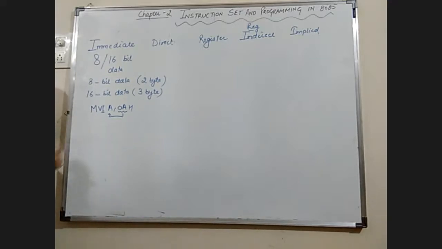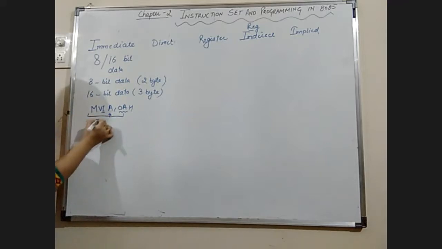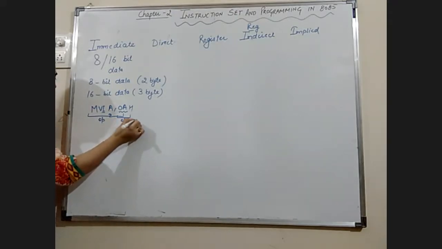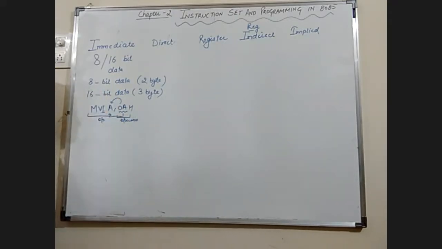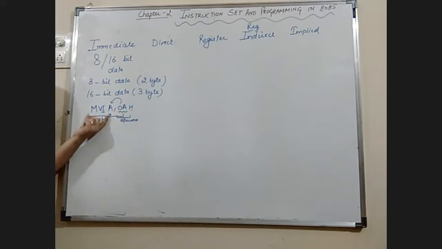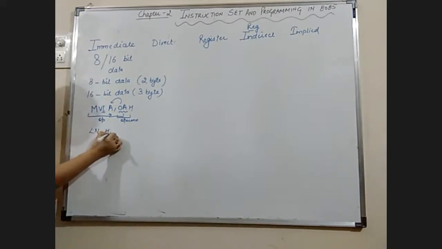So in this case, you can see MVI A is the opcode, while 0A is the data. Okay, so this is an operand. So that means this 0A will be moved into A. So 1 byte is used to store this data and 1 byte is used to store this opcode. Second instruction that comes under this addressing mode is LXI H, 2000H.